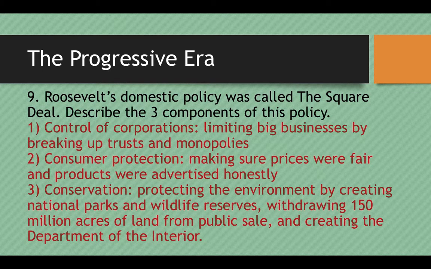The Department of the Interior is actually the department that created Natchez Trace Parkway that some of us drive on sometimes. And he also withdrew 150 million acres of land from public sale to create places like wildlife reserves and just to conserve as much of the environment as he could without damaging the economy and making people lose their jobs.